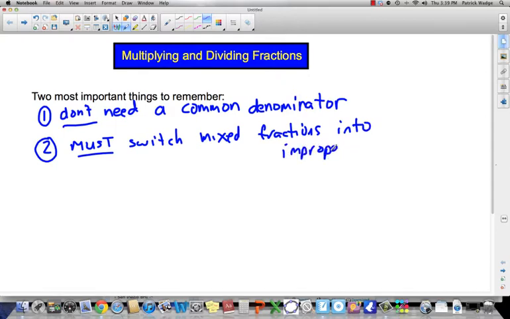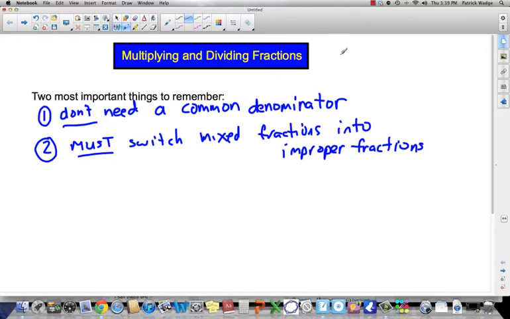You have to do that. Now, there are some rather complicated ways to solve multiplying and dividing questions without switching them into improper, but almost nobody does that. It's a lot of extra work, I would say, unless your name is Dennis R., in which case I remember when you were in grade 8, Dennis, you loved doing that, but I don't recommend it.